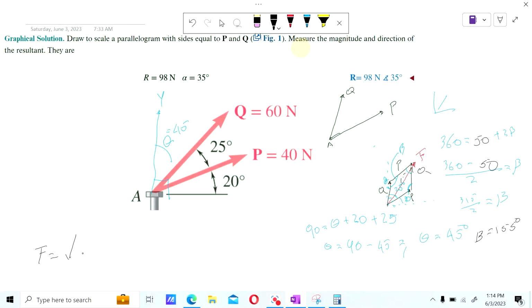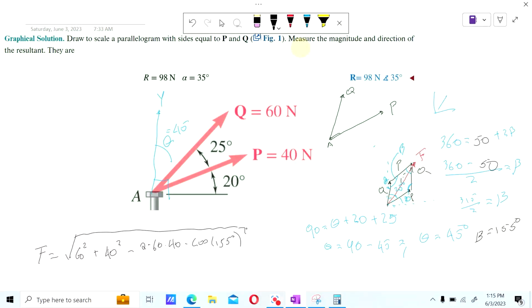Square root of both sides, so it's 60 squared plus 40 squared minus 2 times 60 times 40 times cosine of the angle, which is 155.